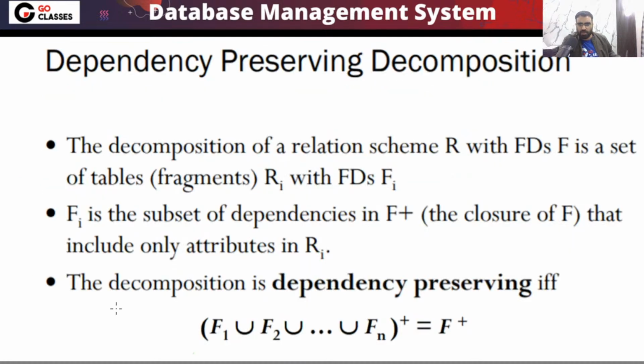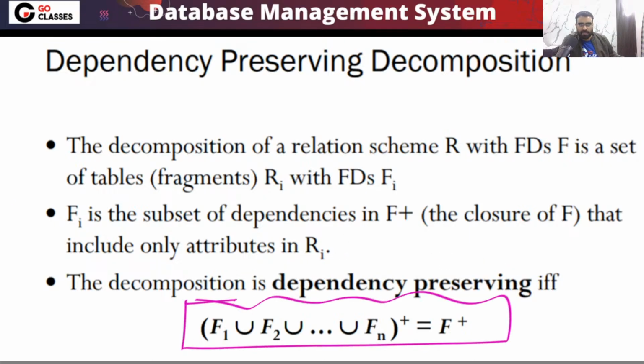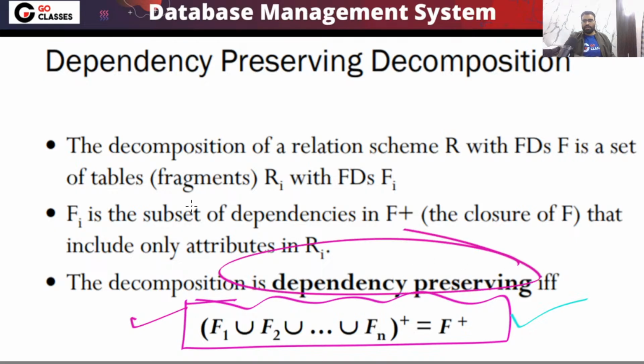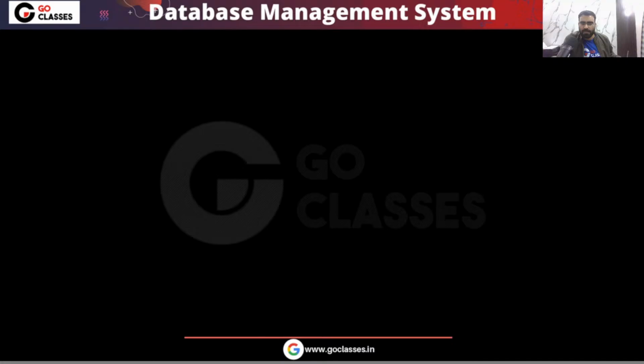For dependency preserving decomposition, this equation must be satisfied: (F1 union F2 union Fn) whole closure is equal to F closure. If this equation is satisfied, then the decomposition is dependency preserving.